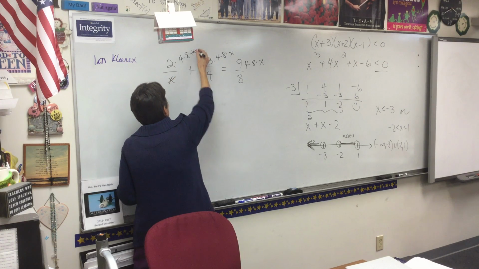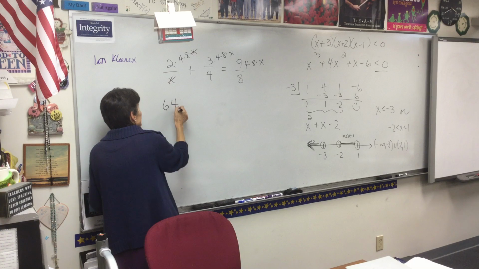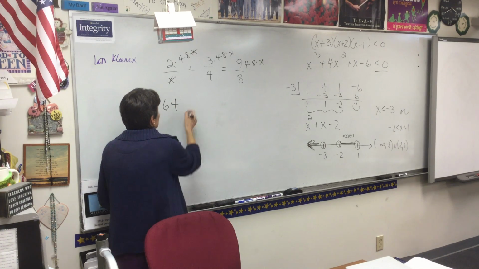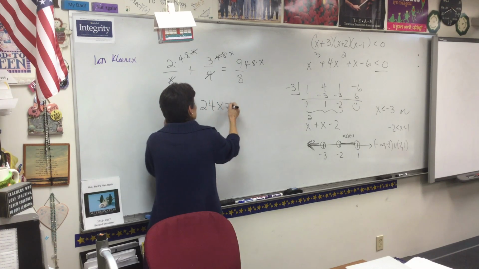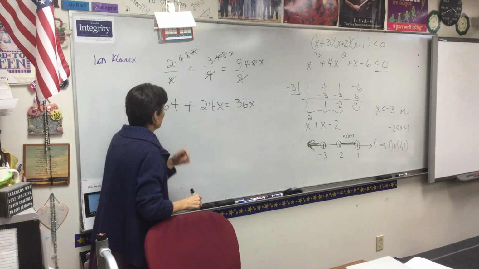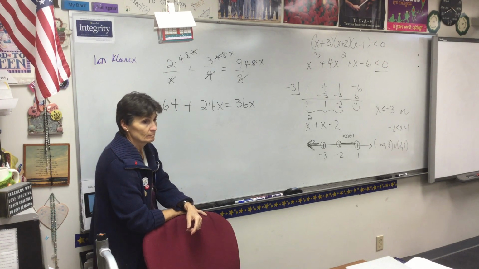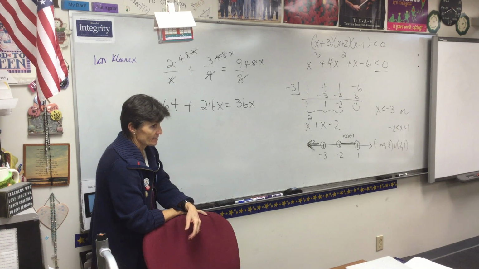So the x's cancel, and we've got what, 64? The 4's cancel, and we have 24x. And 36x. How does that look to everybody? This is easy compared to those other ones, I think.